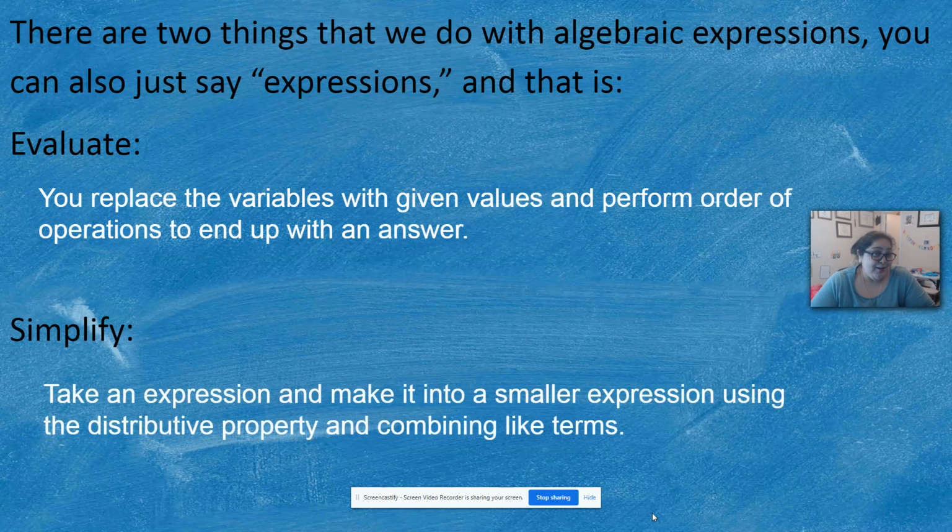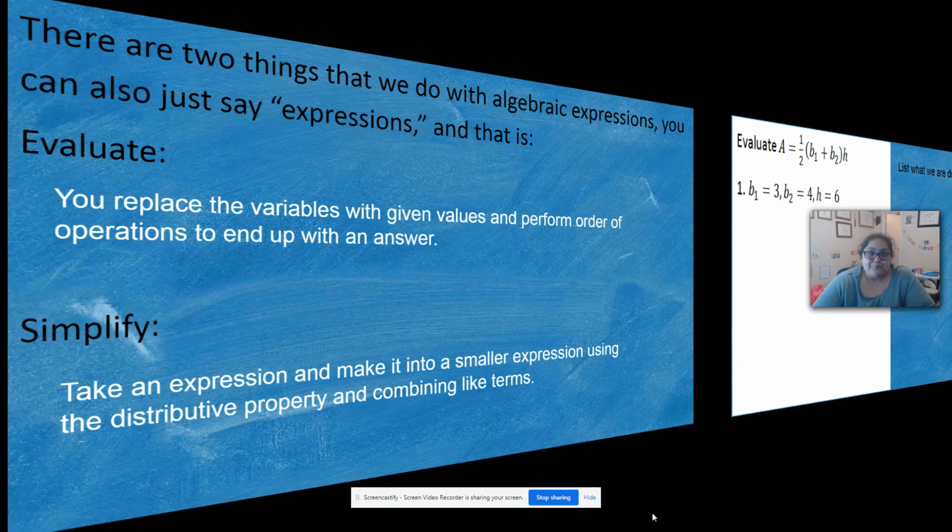Simplify, you don't end up with an answer. You end up with a simpler version of your expression, using the distributive property and combining like terms. Evaluate is when you substitute the values and get an actual numerical answer back.